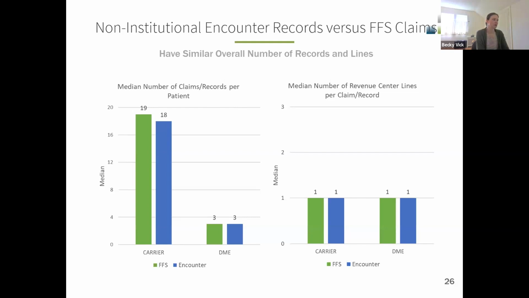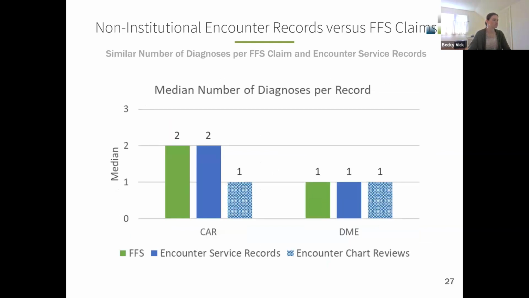For DME, it's 3 for both. And when we look at the median number of lines per claim, it's exactly 1 for both carrier and DME for both groups. And here's the median number of diagnoses per record. Again, we have the chart reviews broken out, and it is all very, very similar between the two groups.